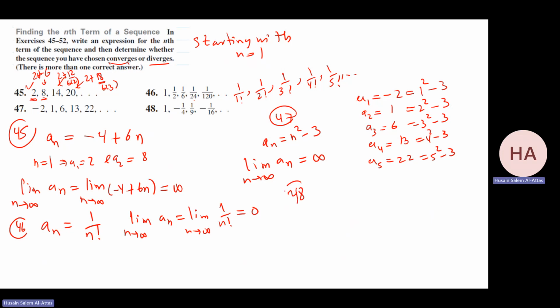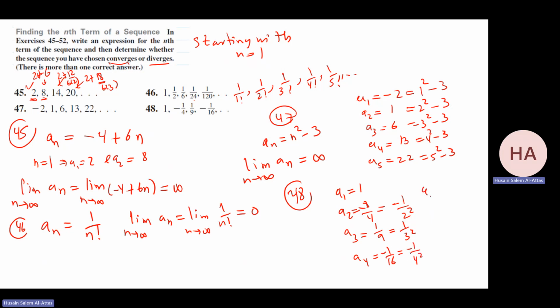48. What will be that? I think this one is easy. I have what? a1 equal 1, a2 minus 1 over 4, which is minus 1 over 2 squared. a3 is 1 over 9, which is 1 over 3 squared. a4 minus 1 over 16, which is minus 1 over 4 squared.